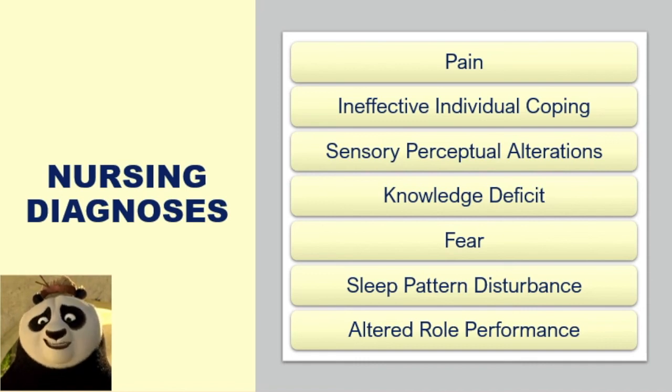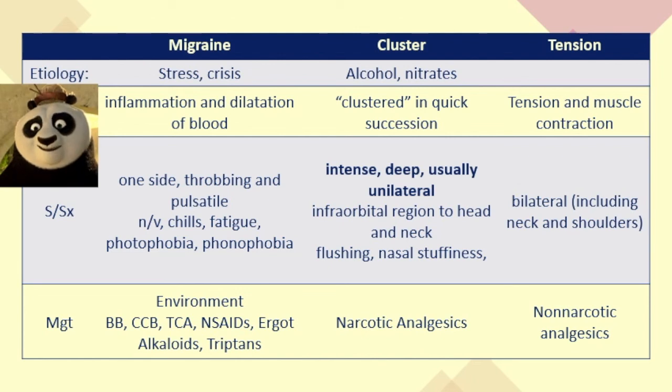Now, just for you to remember the three types of headache that I've been talking about, I have this table. So class, you have your migraine headache, your cluster headache, and your tension headache. The trigger for your migraine headache is stress and crisis. When I say crisis, it is any new event in the life of an individual. So stress or crisis may possibly require the use of medications to manage the migraine headache.